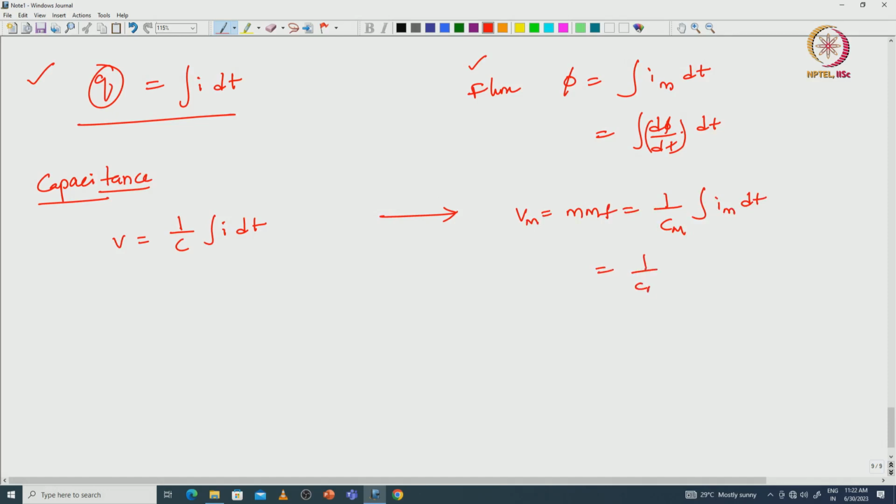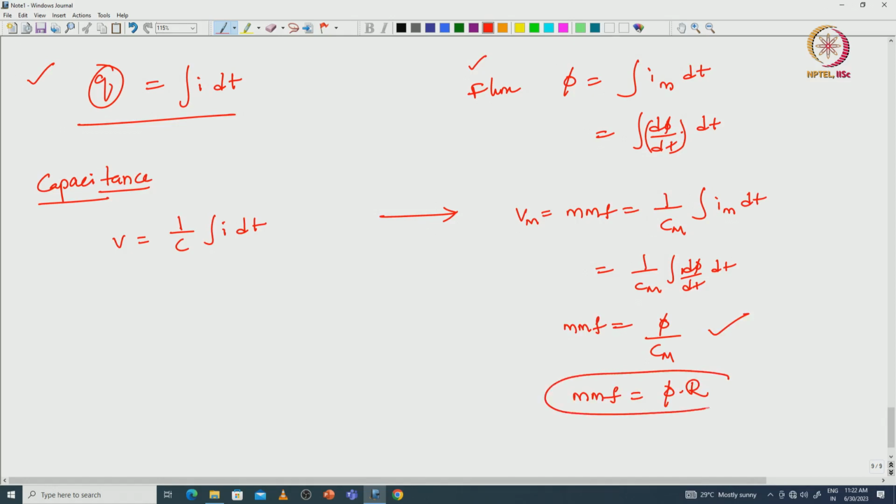So, 1 by Cm integral of d phi by dt into dt will give flux divided by Cm, the magnetic capacitance. So, the final equation with respect to the capacitance effect will be this, and in terms of reluctance we can write it as MMF equals flux into reluctance. This is the actual analogy between the electric domain and the magnetic domain.